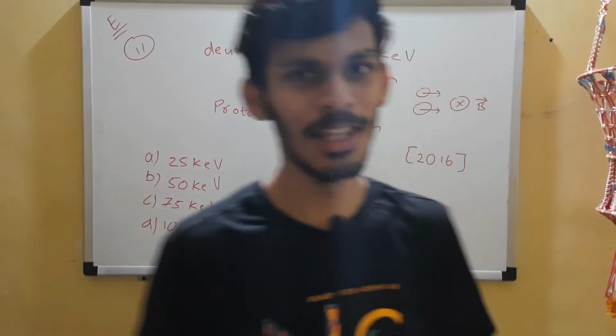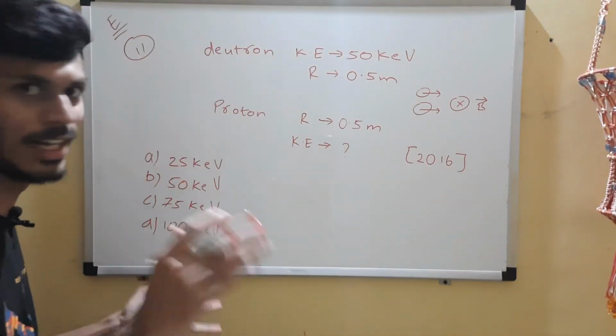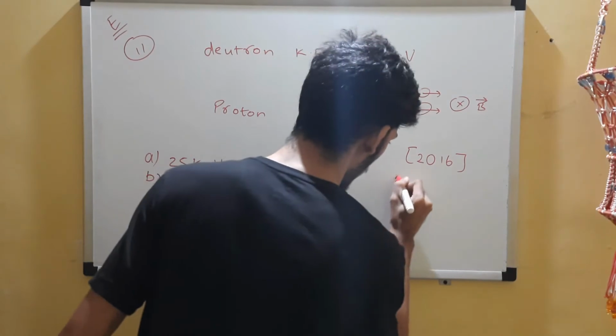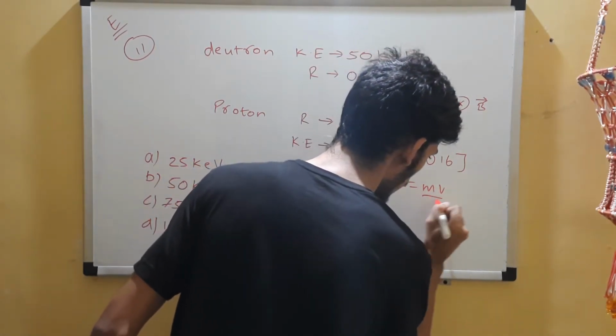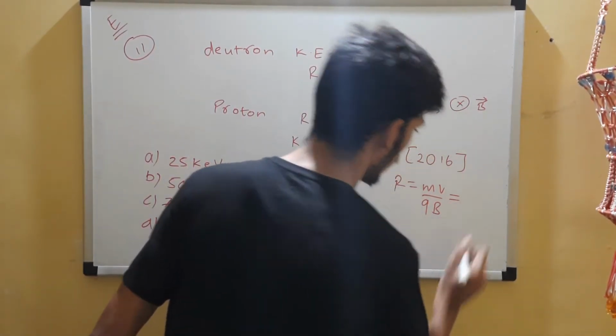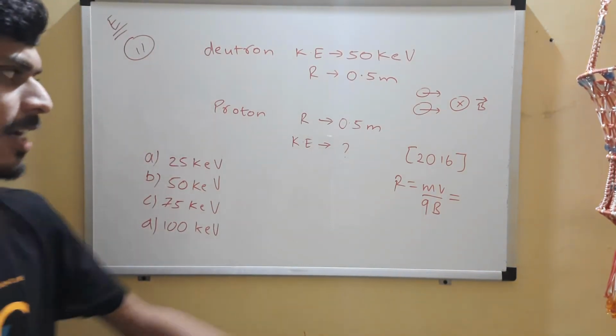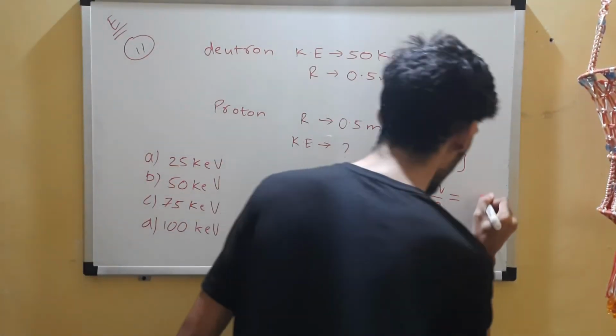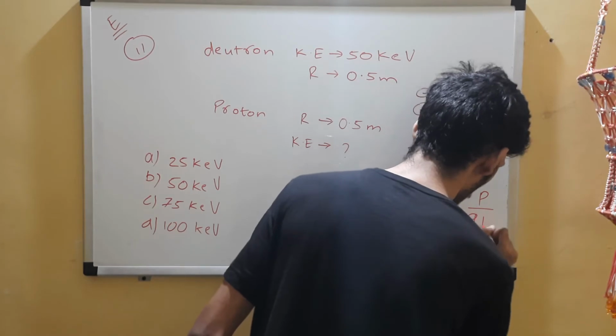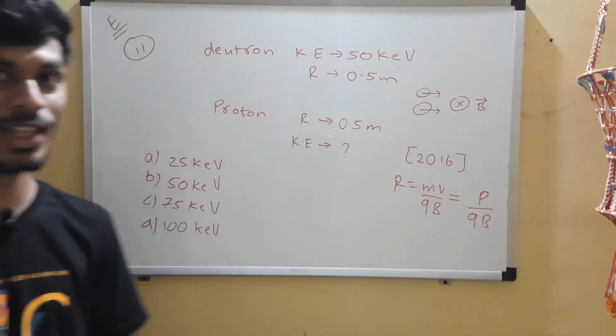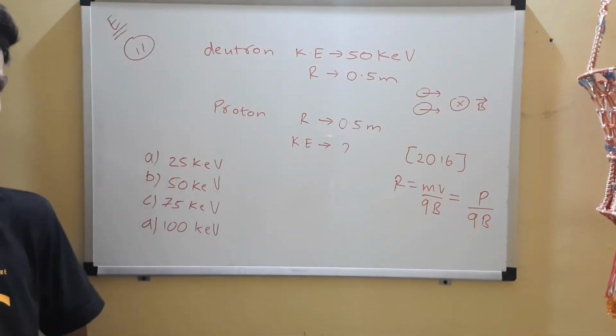Here also same thing, we are going to use the radius formula. r equals mv by qB, and we know from the previous question that this mv can be replaced by p, the momentum. Now, do you know the relation between momentum and kinetic energy?